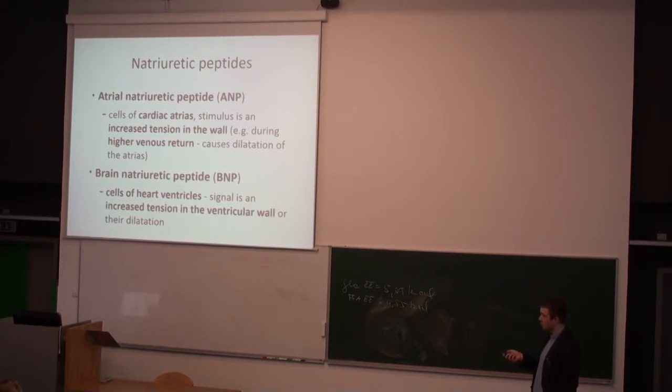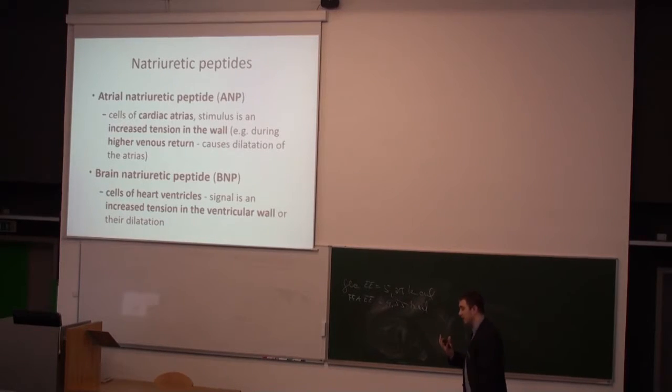And that's the increased tension in the wall. The increased tension in the wall of the atria or ventricles you have, simply we can say, if you have higher blood flow into the atria and ventricles. That means if you have in total a higher amount of water, a higher amount of blood.